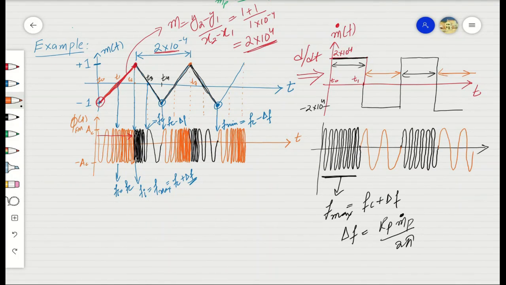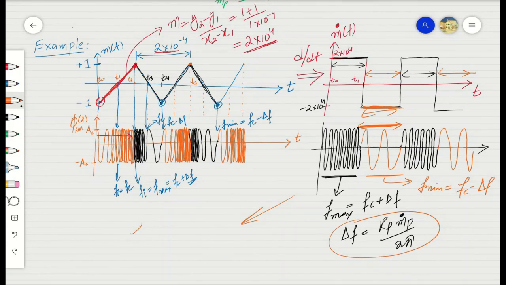So within a certain span, for example for this span, as the amplitudes of the derivative of the information signal are constant, a modulated signal with a constant frequency will be generated, while since the amplitudes are at the negative peak, the lowest frequency will be generated for this span. That was f min, which we defined as fc minus delta f.